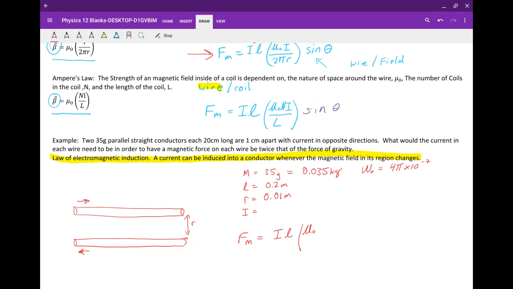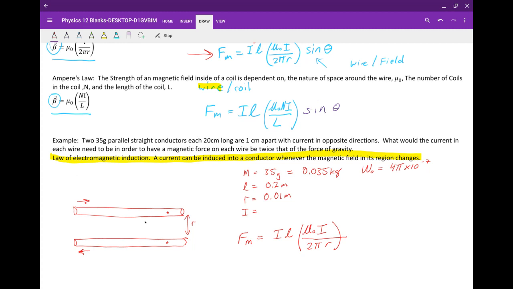Then we write the current in the other wire, and then we've got 2 pi r, and r is the distance between the wire and the magnetic field in question, okay?